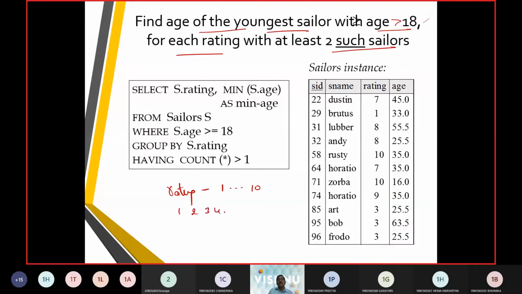If I put it in this model, we have Dustin with rating 7, Brutus with rating 1, Lubber with 8, Andy with 8, Rusty with 10, Porpoise with 7, Zorba with 10, Horatio with 9, Art with 3, Bob with 3, and Frodo with 3. So here we have 3 members.